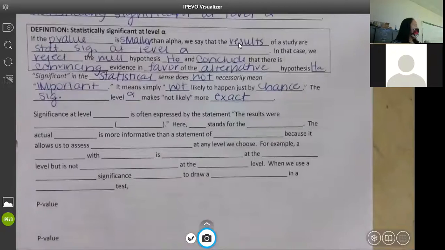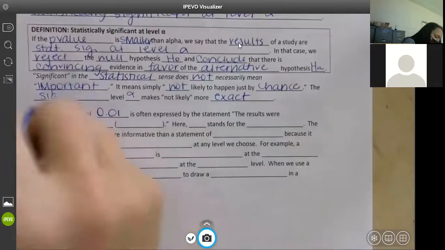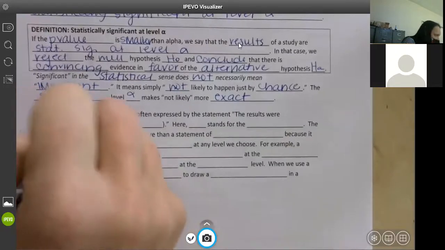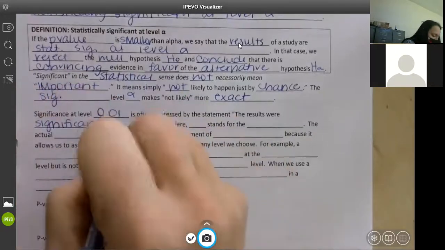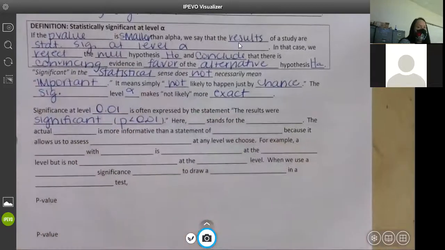So we don't know what probability is important and which one is not until we compare it to that alpha, okay? So significance level at 0.01 is often expressed by the statement, the results were significant. That would mean that the p-value was less than 0.01.